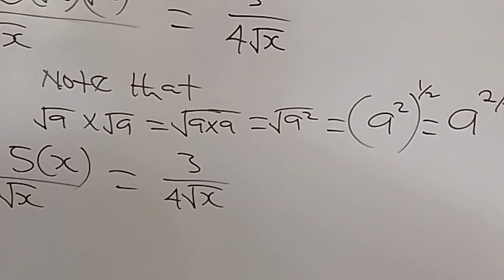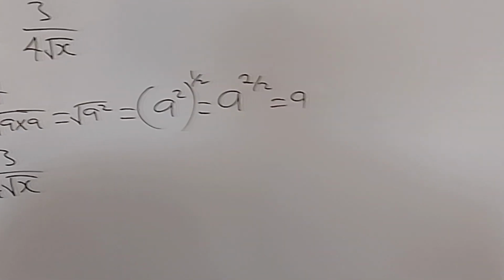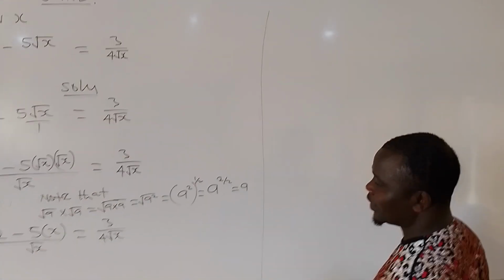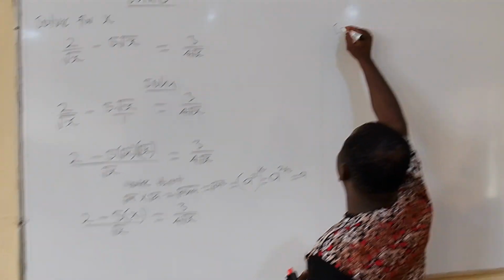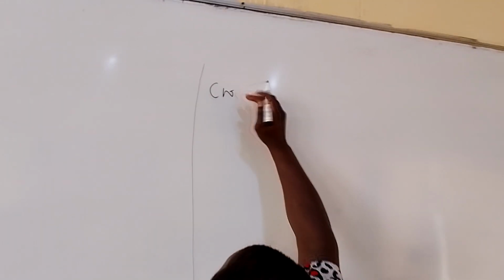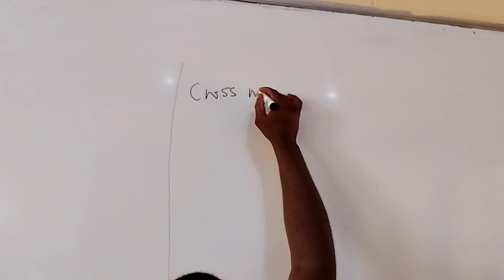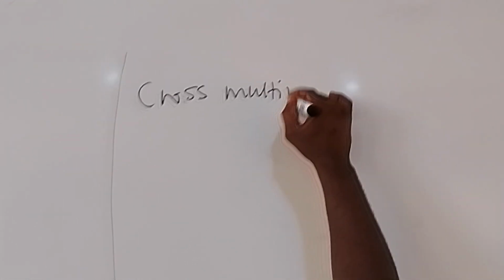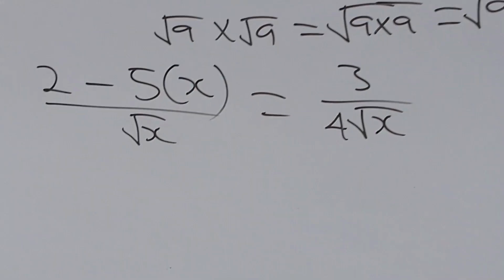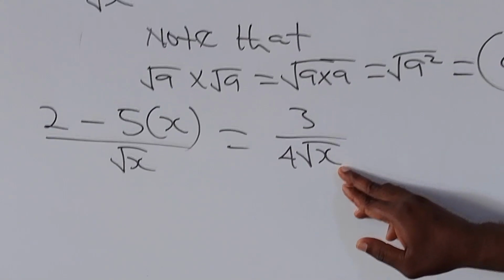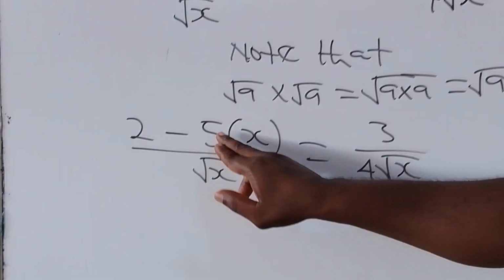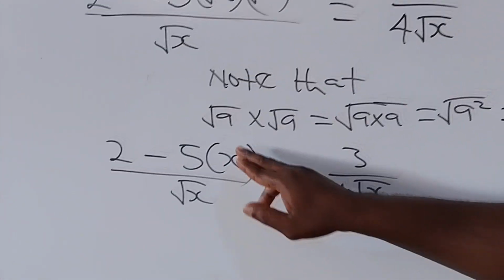Okay. So if you agree with me, we will cross multiply. Look at it here. It means 4 root x will multiply 2 minus 5x, all in bracket.